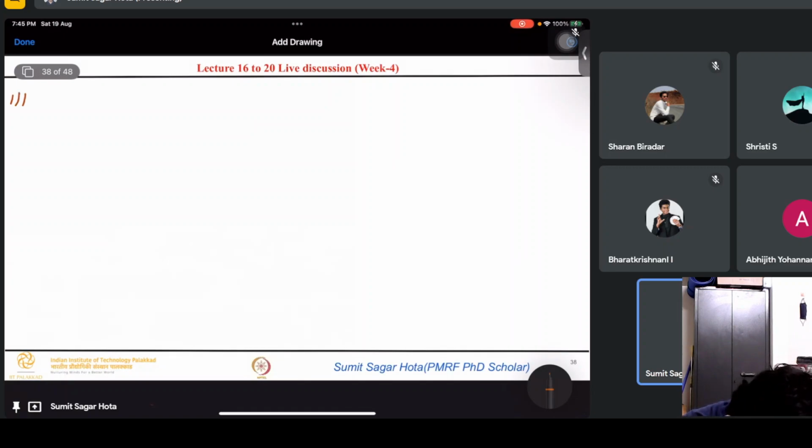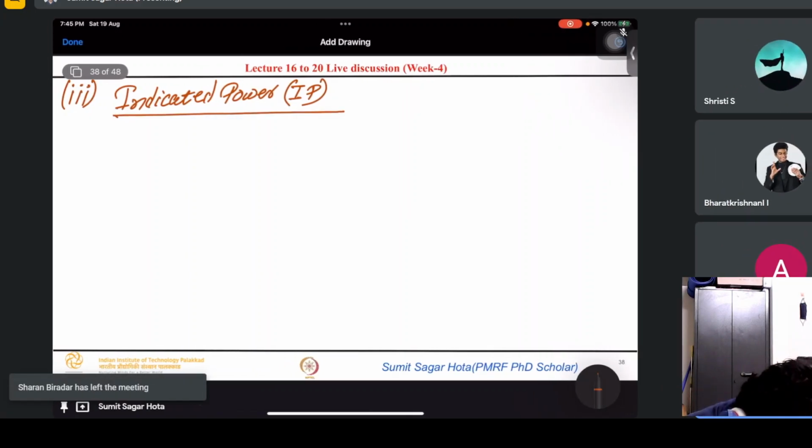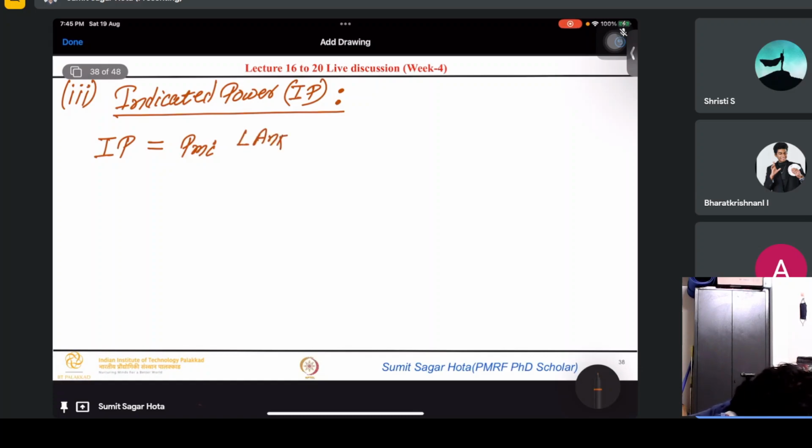So third, indicated power, IP. So indicated power is equal to PMI L A N K by 60.